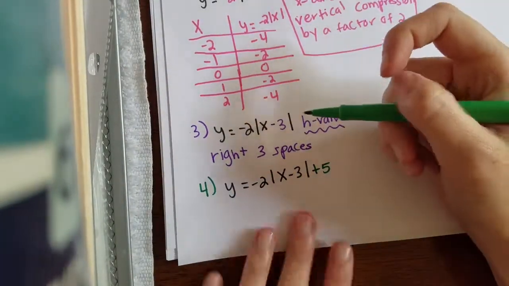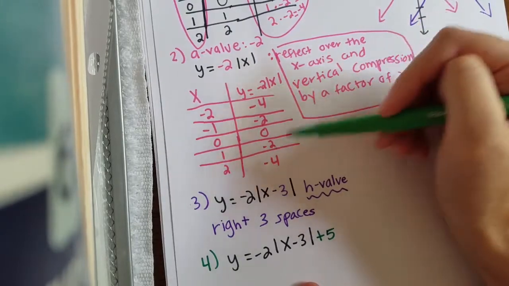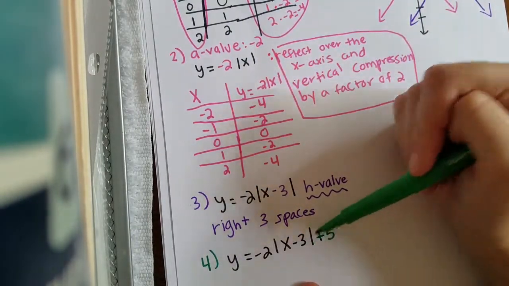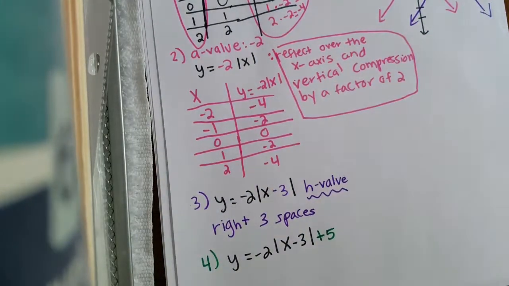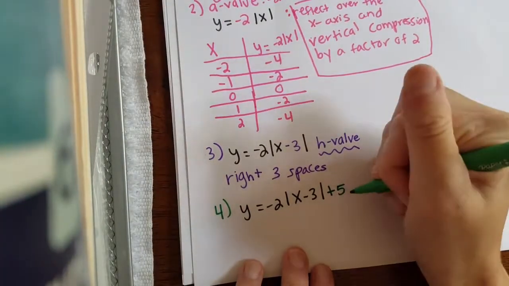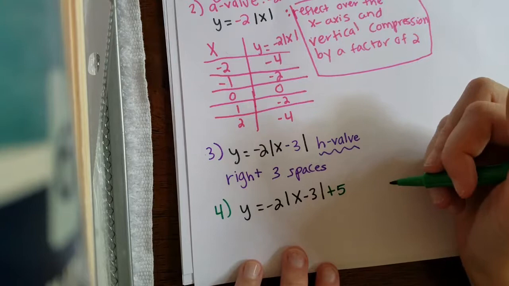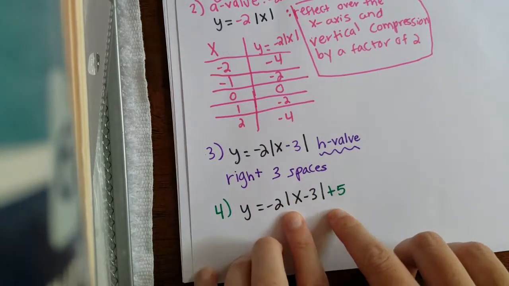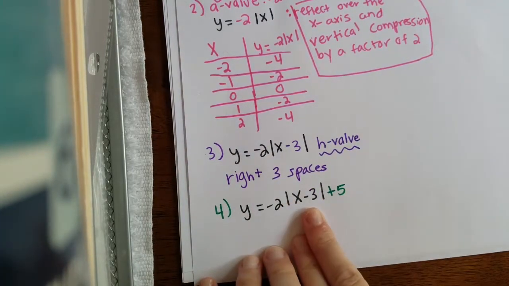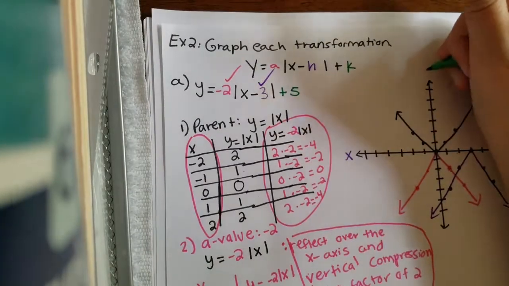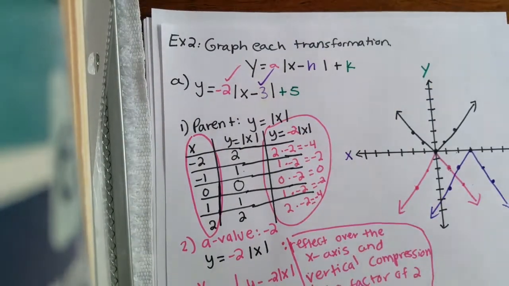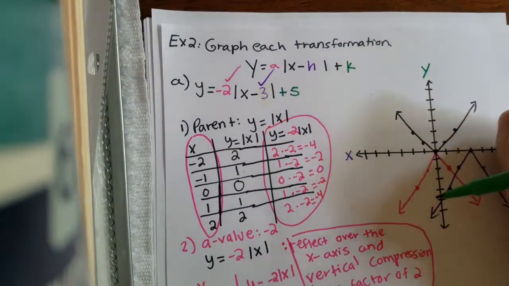And like I said before, the only value you have to make an extra table with is the a value. From here, we can directly just do it on the graph like we do with the h value. It's pretty awesome. So our k value is associated with y. It's on the outside of my bars. It is not adding or subtracting the x, so it affects the y. If you remember, on your coordinate grid, the y-axis goes up and down. So I know this either has to go up or down.